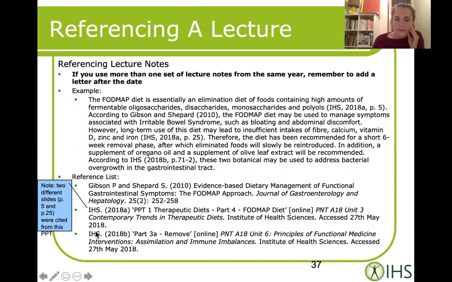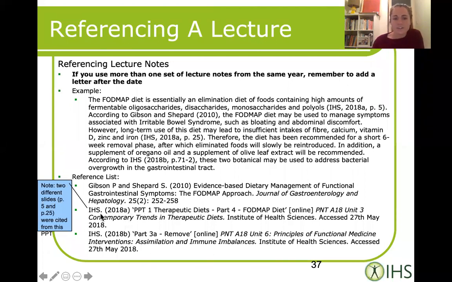So the author is IHS both times. The date needs to be differentiated, because in the citation, you just have IHS and the date. If it was IHS 2018 here, I wouldn't know whether it's this PowerPoint or this one. Do you see? So that's why you've got to put the A, B, and C.